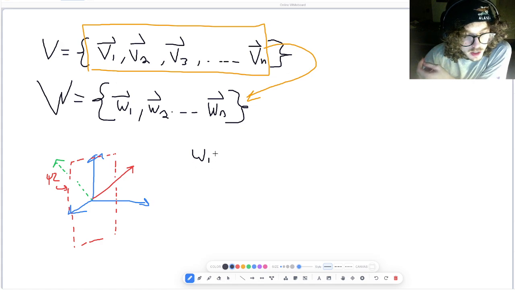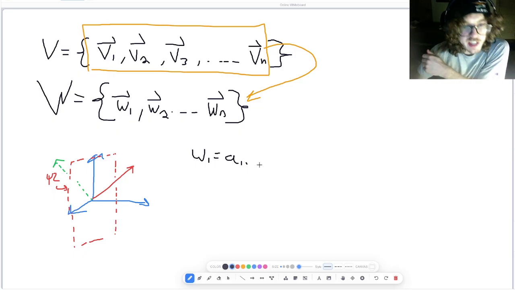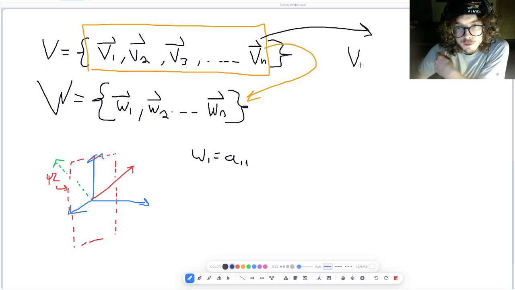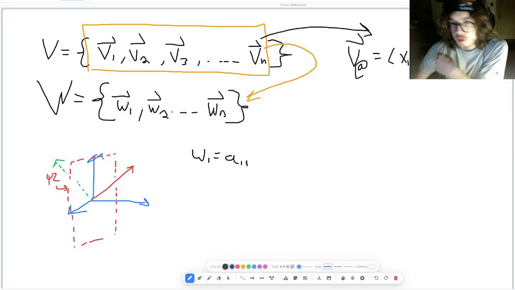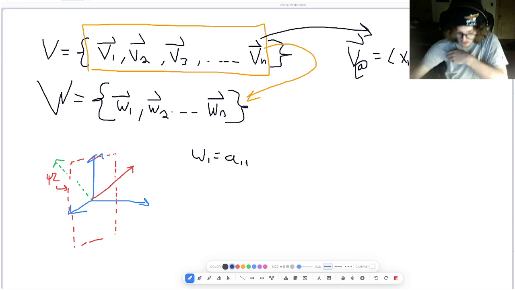W1 is some scalar multiple of our first vector, and in this case let's break it down into its components. Any vector V can be comprised of x1, x2, x3, dot dot dot, xn. So we're going to break the vectors down into their components, so don't be confused why we're doing that.